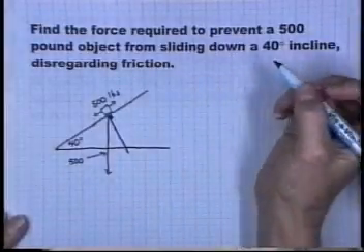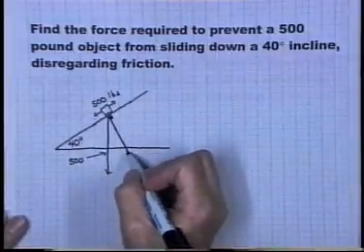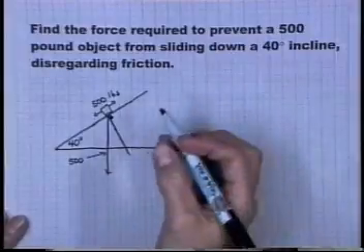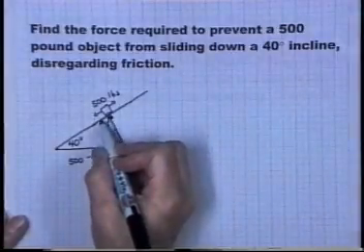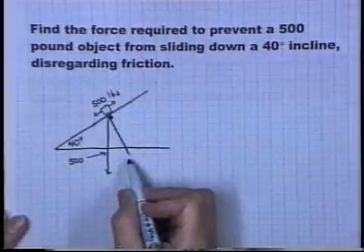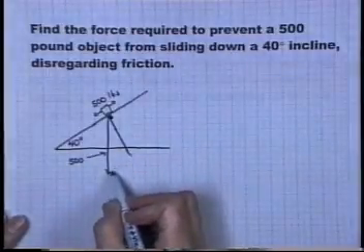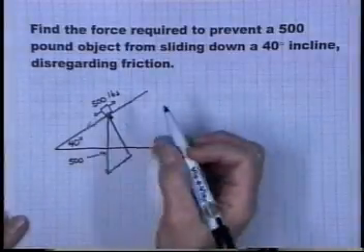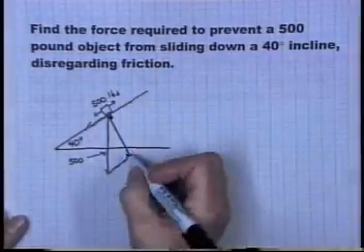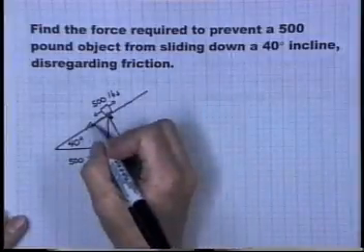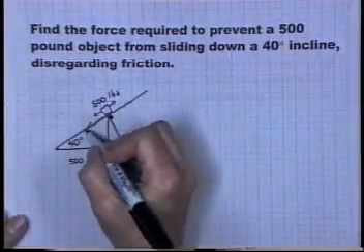Now, if I look at these two forces, and I think about this being my plane, I'm going to come down here parallel to this coming down here. And if you look at your parallelogram, the force here, I'm going to call it F, will be the same as the force of this thing sliding down this direction.